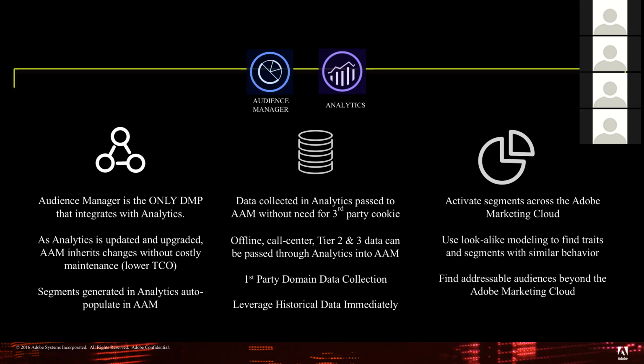But if you're doing on-site personalization and a lot of your customers are using Safari or are otherwise wary of third-party cookies, if they're a Firefox user or a Safari user, you may actually not be able to personalize for that customer. So being able to leverage the Analytics first-party cookie is critical. It also allows for first-party domain data collection because if you know how to leverage CNAME with Analytics, you are able to build something like metrics.mysite.com as a way to get your analytics data out.